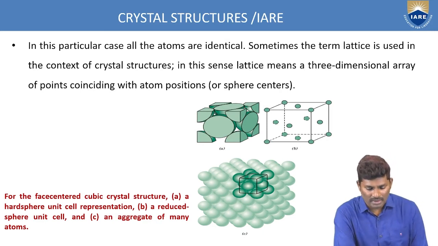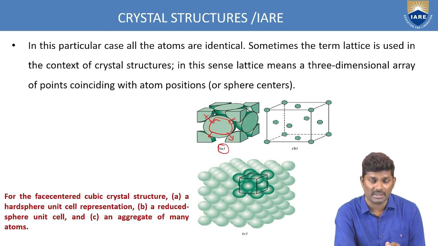Now here you can see figure A. You have here a face centered structure. It is called face centered because the point is exactly at the center of the face, and all the atoms are bonded here. This is a solid hard sphere model.